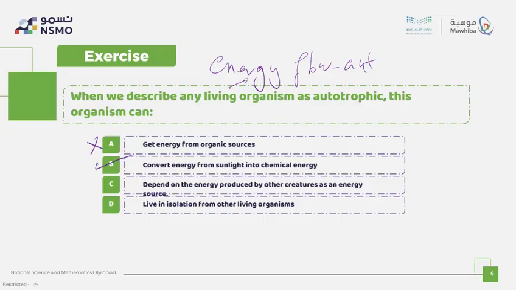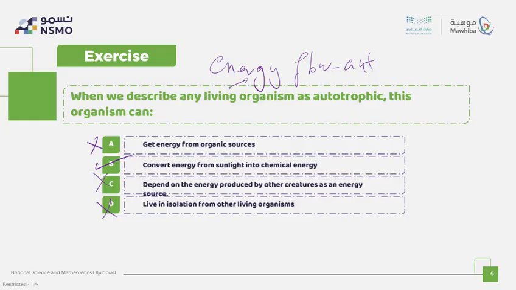Let's move on. Depend on the energy produced by other creatures. That definition is suitable for consumers, not autotrophs. So that one would be wrong as well. Last one, live in isolation from other organisms. Isolation has no connection with the definition of autotrophs, so that would also be wrong.